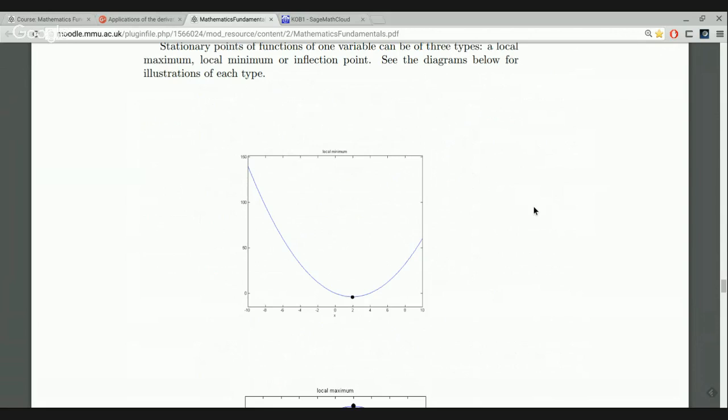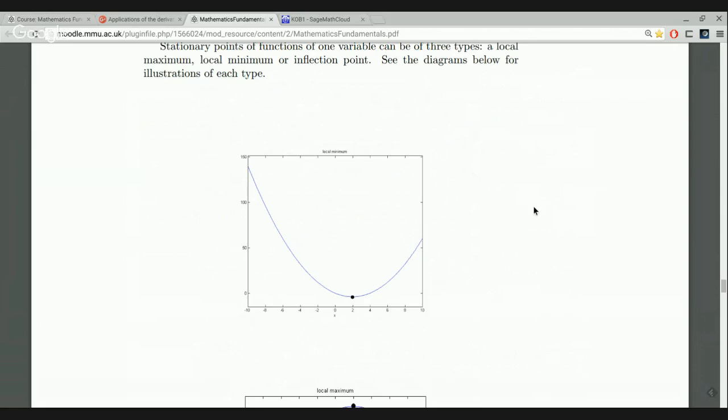So the first derivative of this function is going from negative through a 0 value to positive values. So the first derivative is in fact increasing. As you move through the point from left to right, in the increasing direction of the x-axis, the conventional direction, the first derivative is increasing.